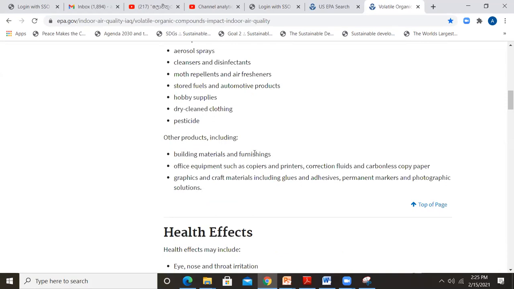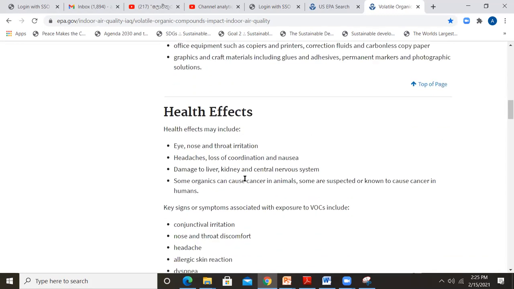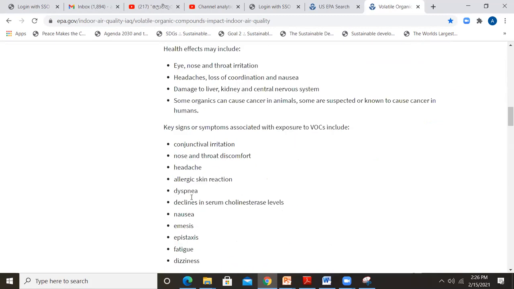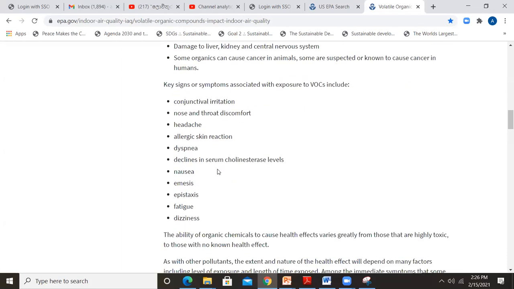building material, furnishing, office equipment, graphic and craft materials. See, damage to liver, kidney, and central nervous system, health effect. Headaches, loss of coordination, maybe in long term. Yes. Key signs or symptoms associated with exposure to VOC.